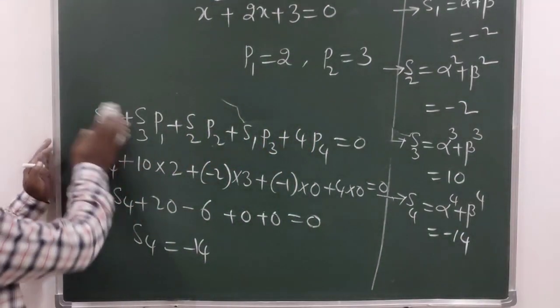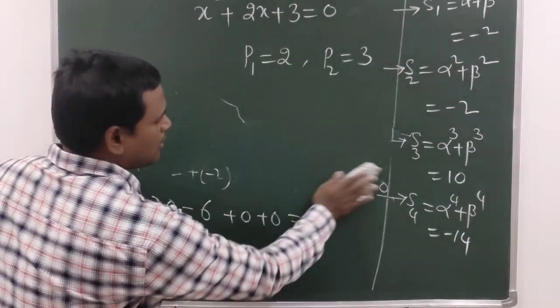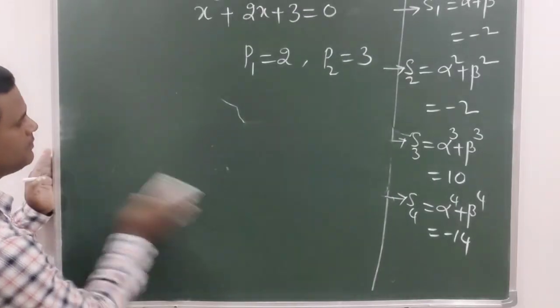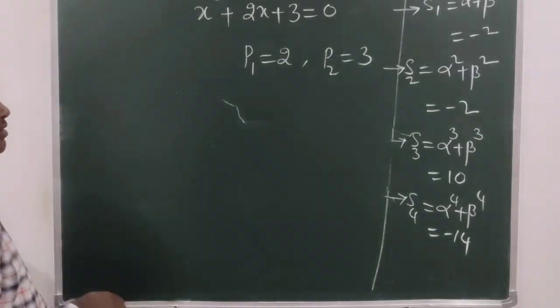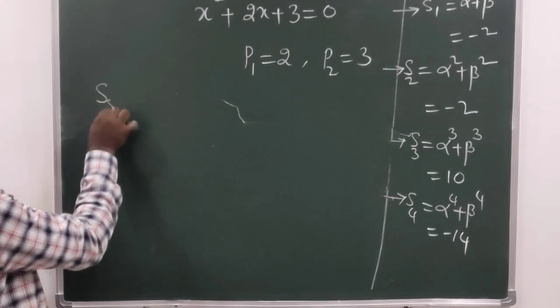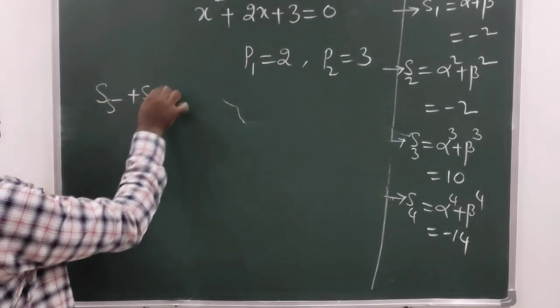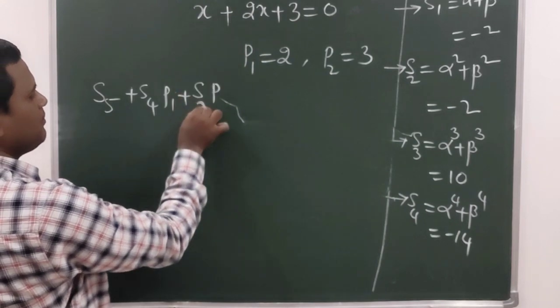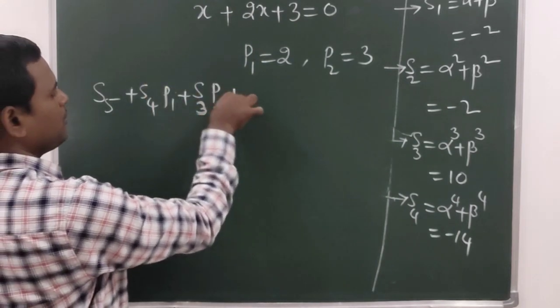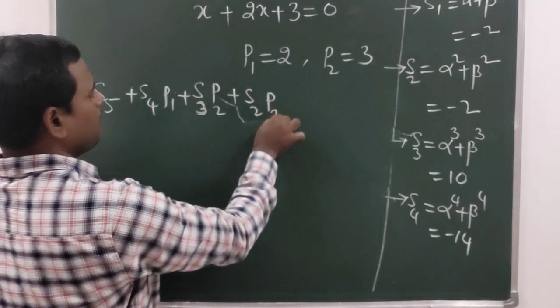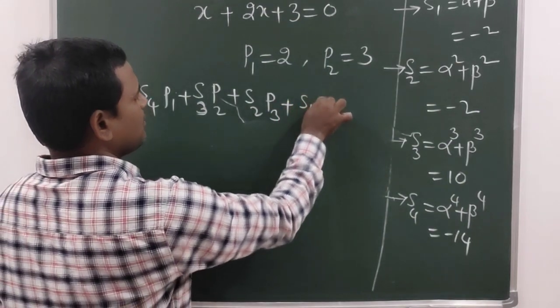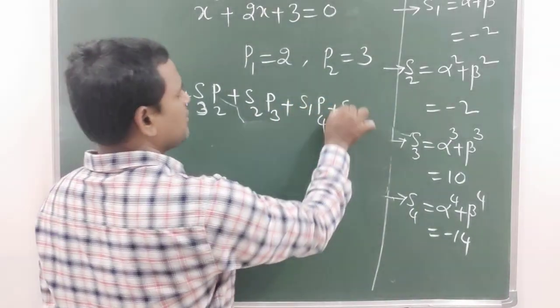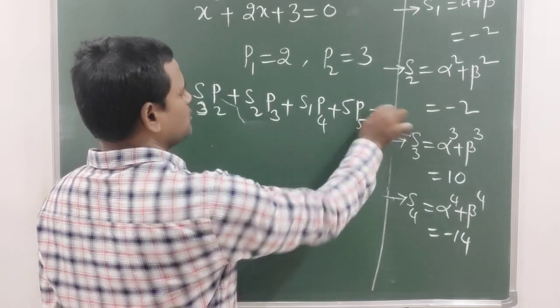Similarly S5: S5 plus S4 P1 plus S3 P2 plus S2 P3 plus S1 P4 plus 5P5, which is equal to 0.